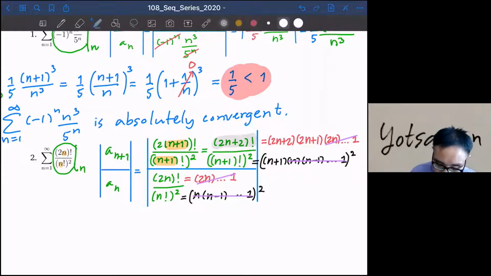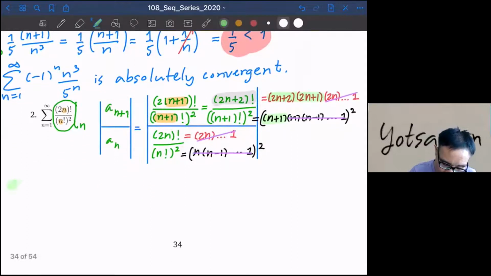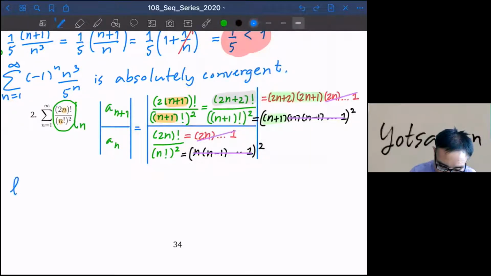So the thing that you will end up with, or have left, turns out to be the green term that I highlighted, okay? So it's going to be just these two green terms that you will have to deal with. So you're going to compute the limit as n goes to infinity of the absolute value of a_(n+1) over a_n.